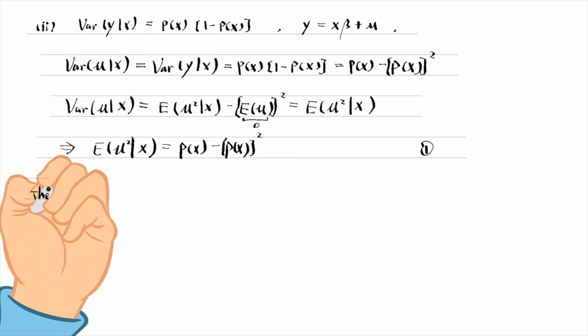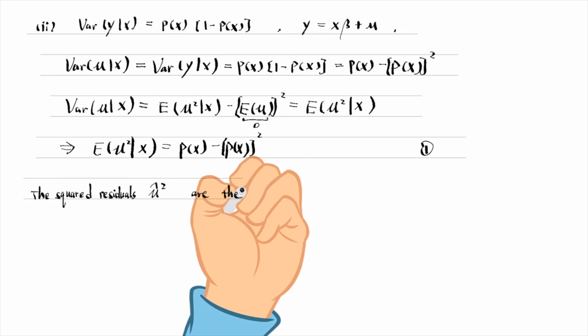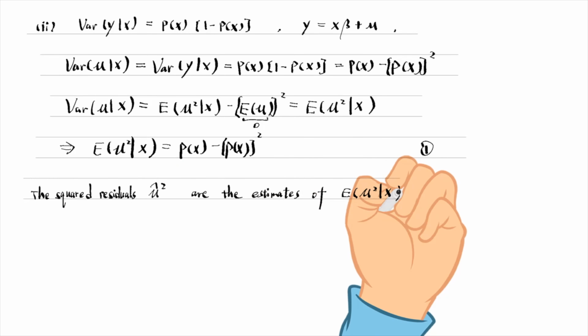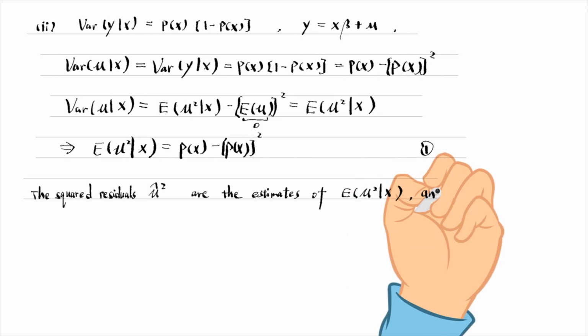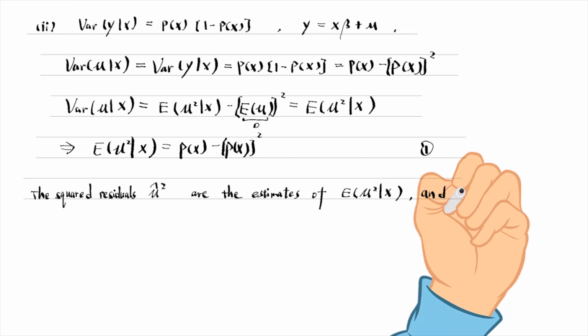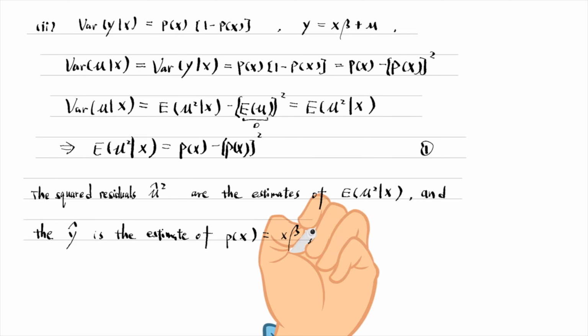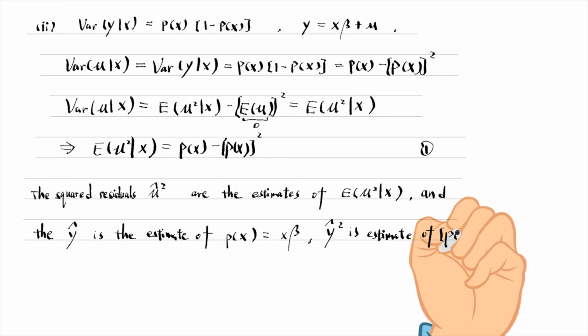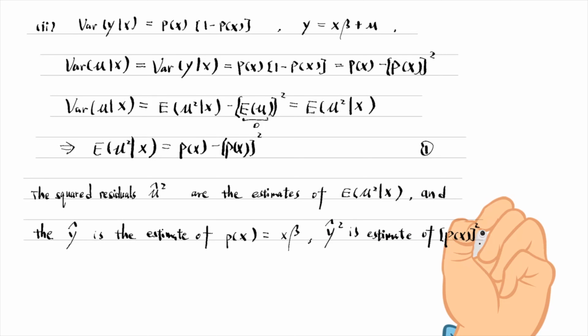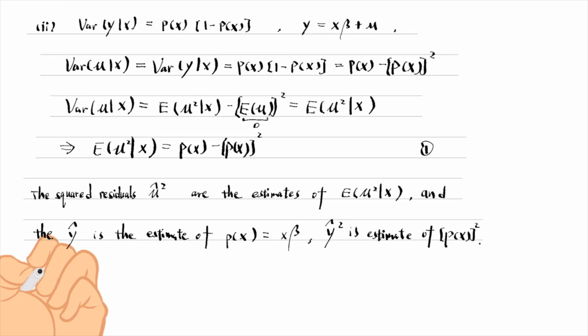The squared residuals, u hat squared, are the estimates of the expected value of the squared error term, and the fit value y hat is the estimate of the probability of success. The squared fit value is the estimate of the squared probability of success.